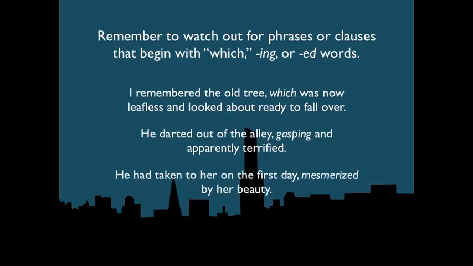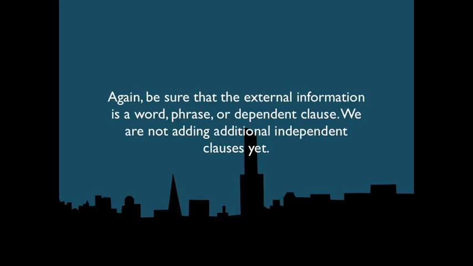He had taken to her on the first day, mesmerized by her beauty. So those three indicators, which, ing words, and ed words, those are the ones you have to watch out for the most. And as we said in the last lesson, remember, the external information must be a word, a phrase, or a dependent clause. We still are not adding additional independent clauses yet. That will be coming in a few lessons.